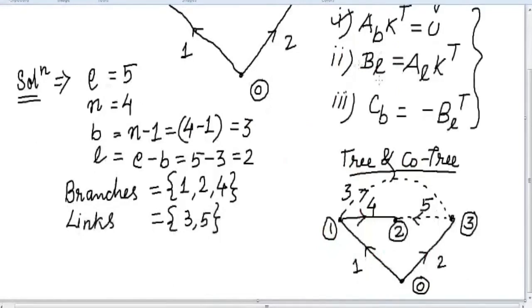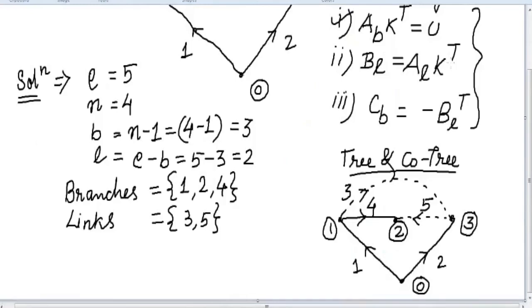Then when you get the basic cut set incidence matrix, you have to make a partition of the matrix. The upper part will be for branches, that is B suffix B, and the lower part will be B suffix L, that is BL. So you will get BL. Then it will be easy for you to prove this identity: BL is equal to AL multiplied by K transpose.